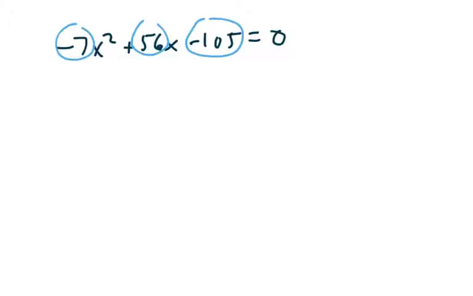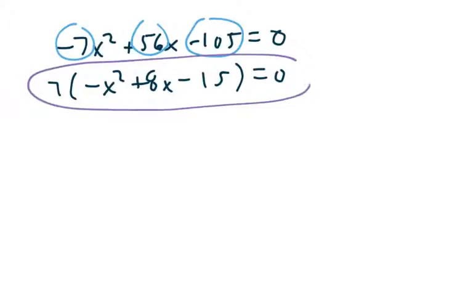Or I could factor out negative 7. But if you just factor out the 7, notice you have a much simpler problem to solve. 7 goes into 105 fifteen times. Follow the purple. This is what I would prefer to solve, by factoring out a GCF of 7.